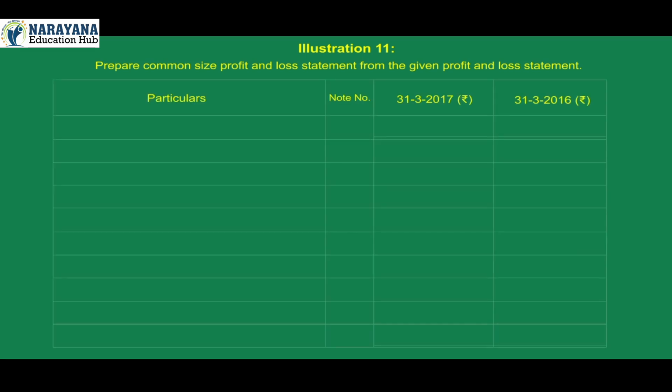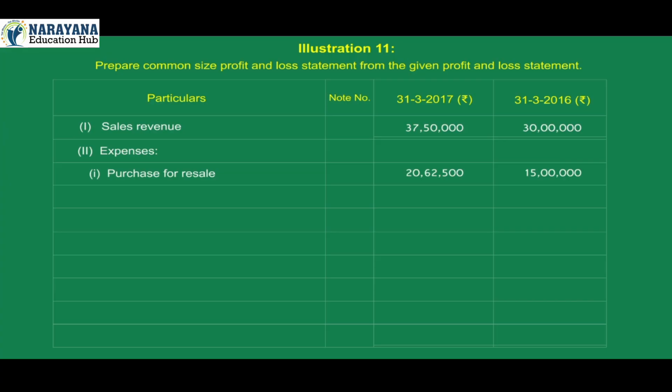Illustration 11. Prepare common size profit and loss statement from the given profit and loss statement. Particulars, note number, 31st March 2017, 31st March 2016. 1. Sales revenue, 37 lakh 50,000, 30 lakh. 2. Expenses. 1. Purchase for resale, 20 lakh 62,500, 15 lakh. 2.